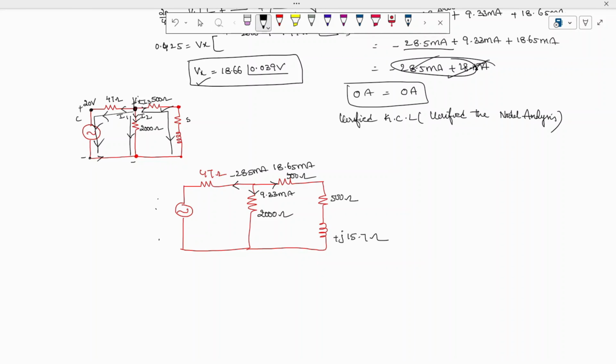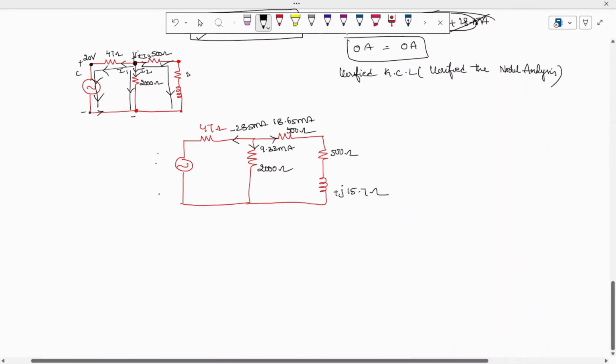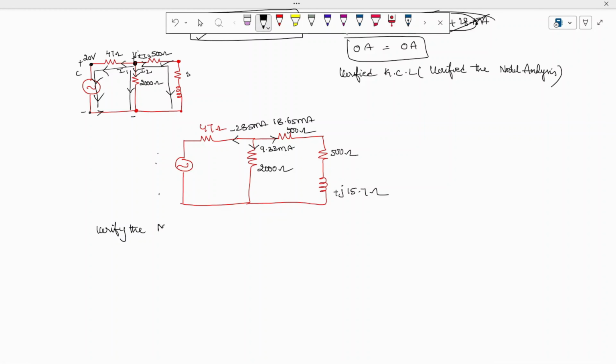Okay, now let's try to verify. So now we are going to verify the mesh analysis. How to verify the mesh analysis is directly by applying Kirchhoff's voltage law. So see here, we have 20 volts, which is nothing but an AC source.